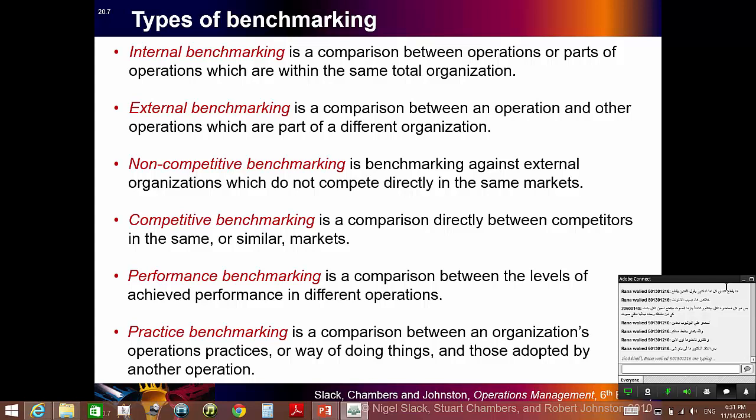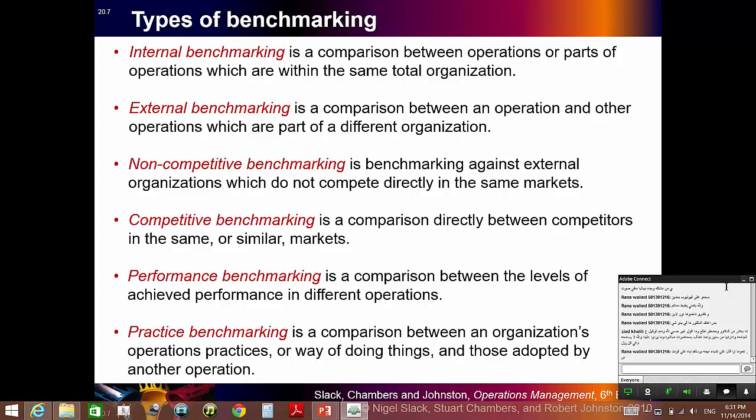Okay, or for example, we compare one organization with the same type of organization but in another country. This is another type of non-competitive benchmarking, because the other organization is not competing with us in our market.